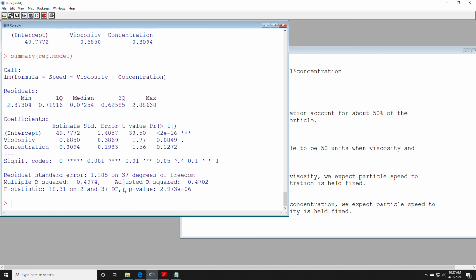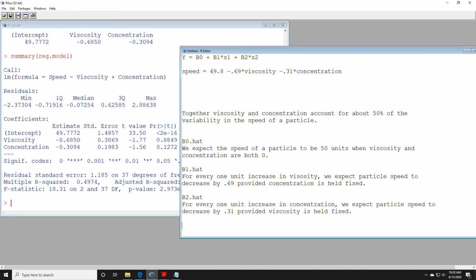Right here, this p-value is the overall F test p-value, testing whether, in this case, beta 1 is equal to 0 and beta 2 is equal to 0. And this is 3 times 10 to the negative 6. This is very small and much less than 0.01. So this says the null is beta 1 is equal to beta 2 is equal to 0.